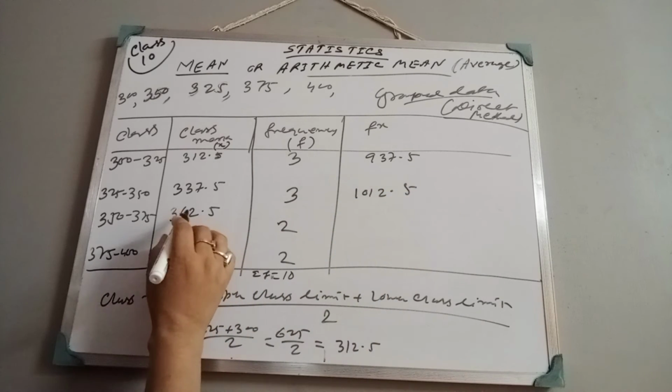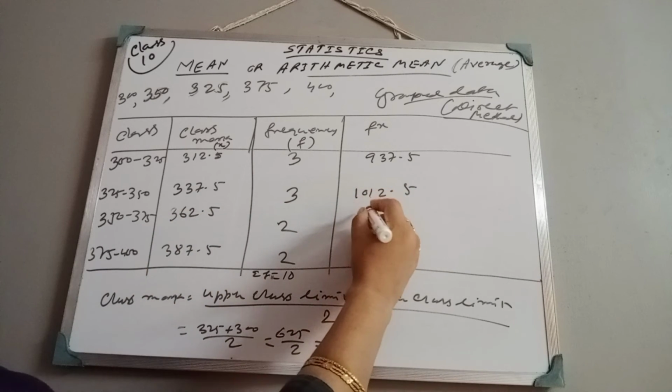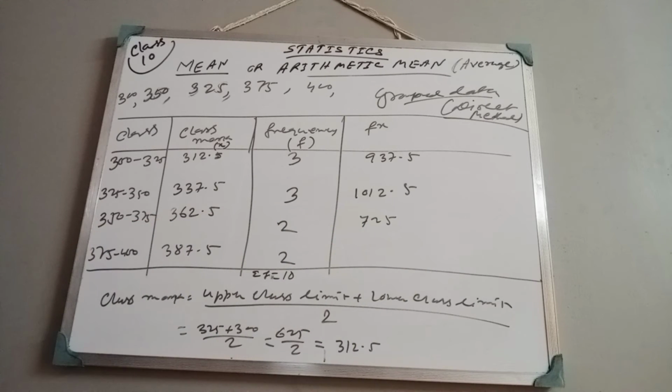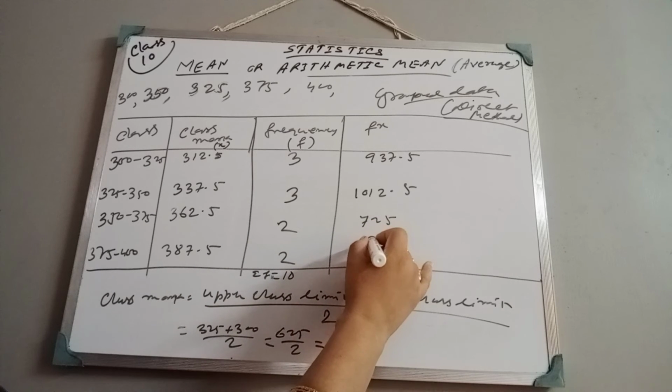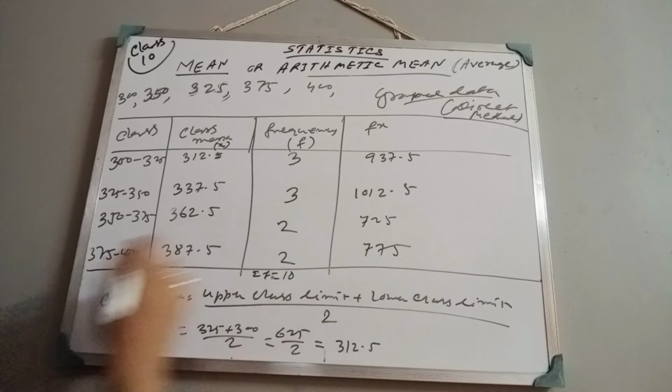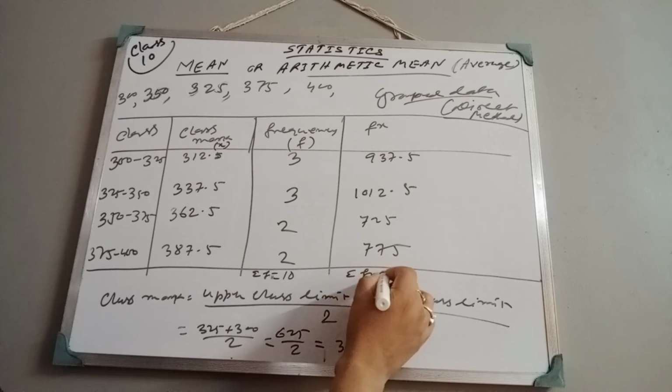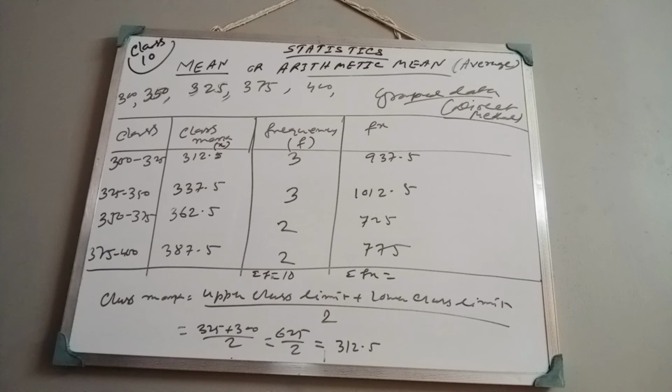Next, 362.5 into 2 is 725. And 387.5 into 2 gives 775. Now find sigma fx by adding all these. We get 3450.